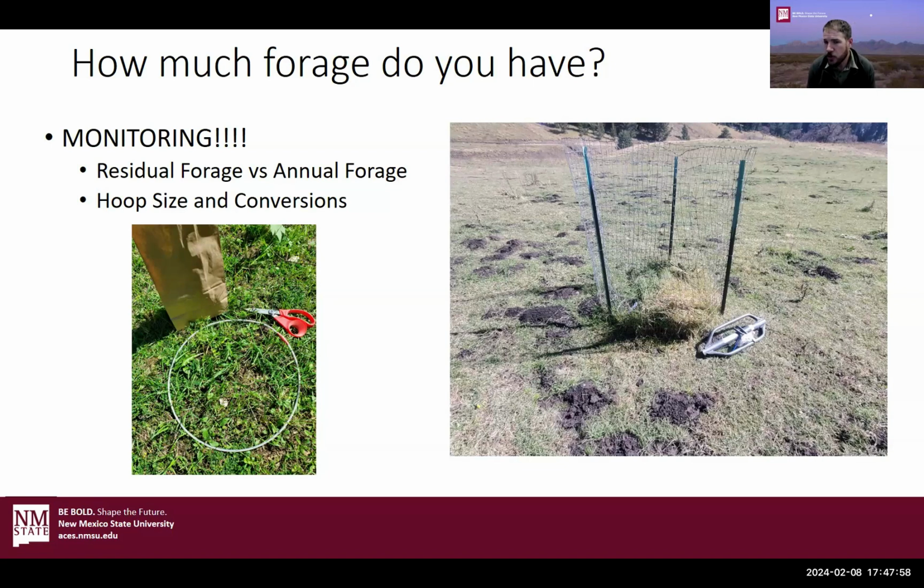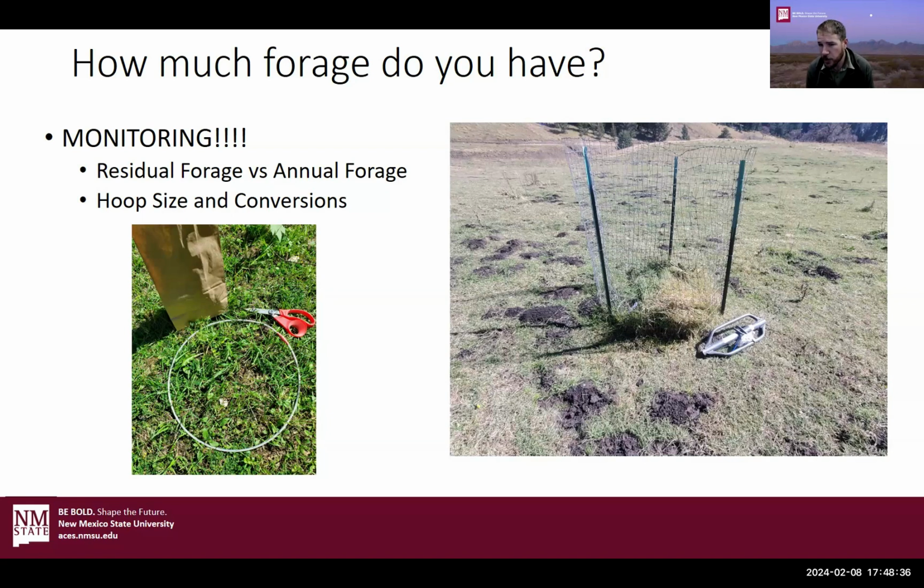Anytime you take a clipping, for instance, if you clip it and weigh it, which is the common method, and there's no protection around it, that's residual forage, because you have no idea what other consumers have taken from that landscape. I call them consumers because there are quite a few different aspects of that I'll get into in a minute. So it's how much is there at that specific time point.